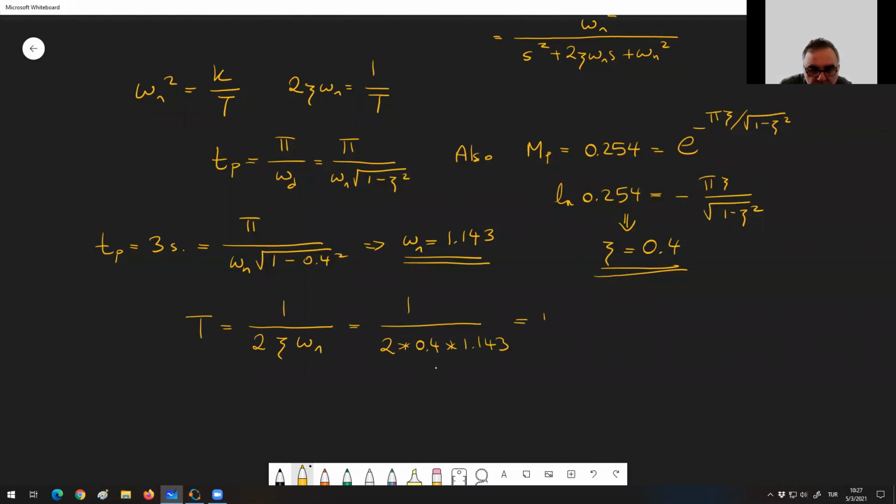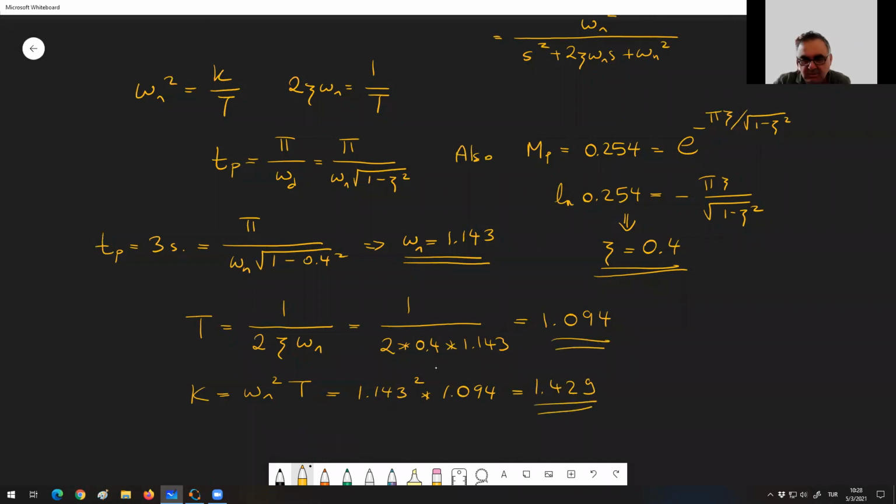So the T value is 1.094, and K is omega n squared times T. So these are the results, okay?